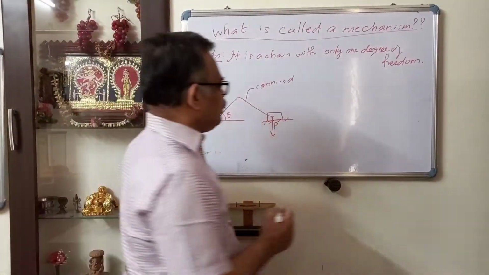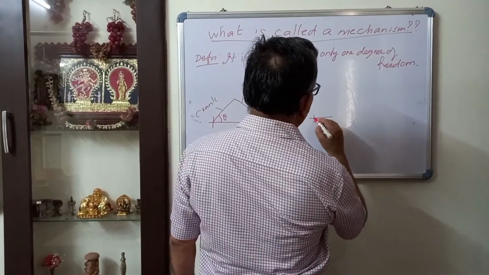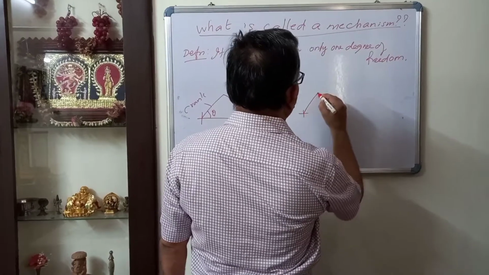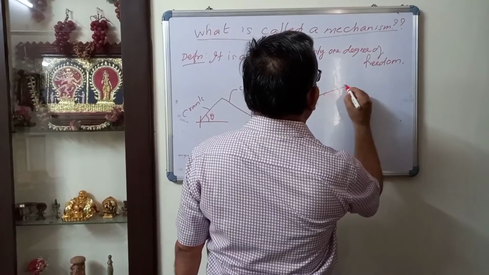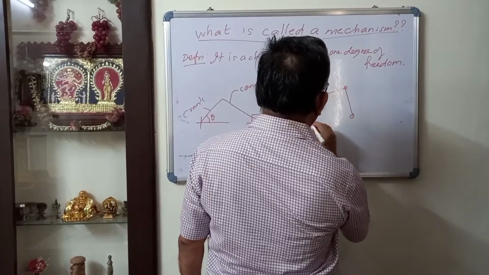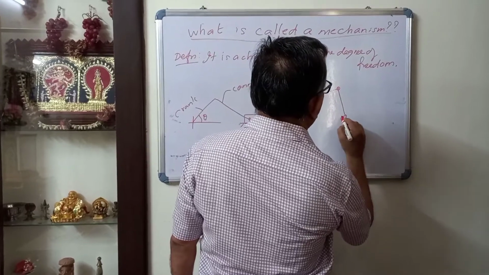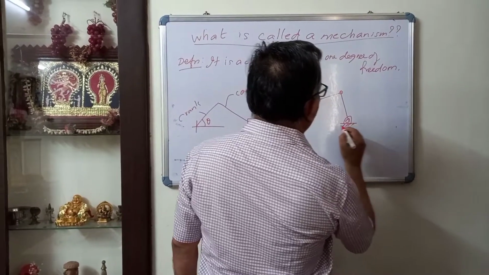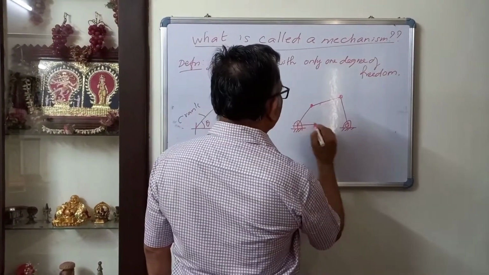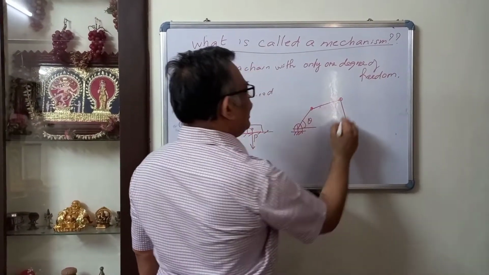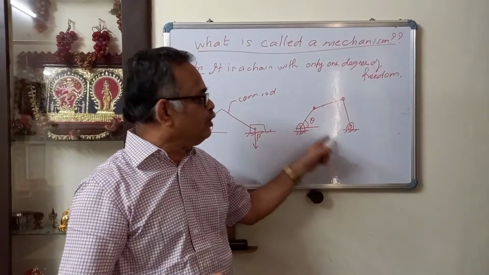I'll tell you another example. Assume there is a kinematic chain with 4 turning pairs and 4 links like this. Here also, if you take this position as theta, then the relative position of all the other links is fixed. So this is also a mechanism.